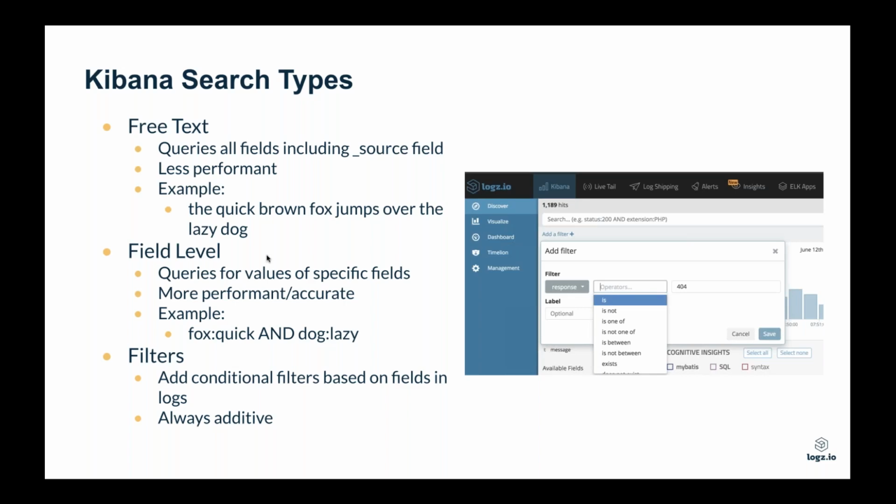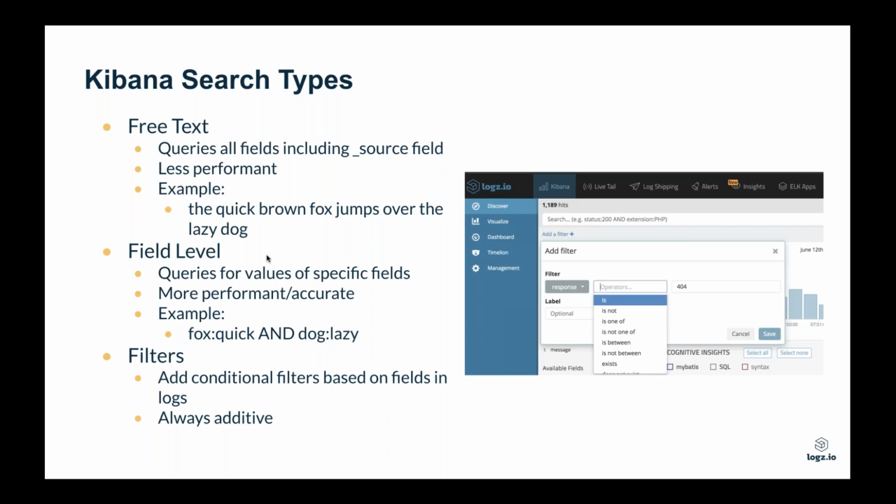Field level searching is more targeted, as you would expect. And what that entails is specifying a particular field from your document and then searching on a specific value for that field. It's going to be more performant or accurate because rather than searching every field across every document, you're actually including some criteria to narrow down where Kibana should be looking within a particular document for a value.